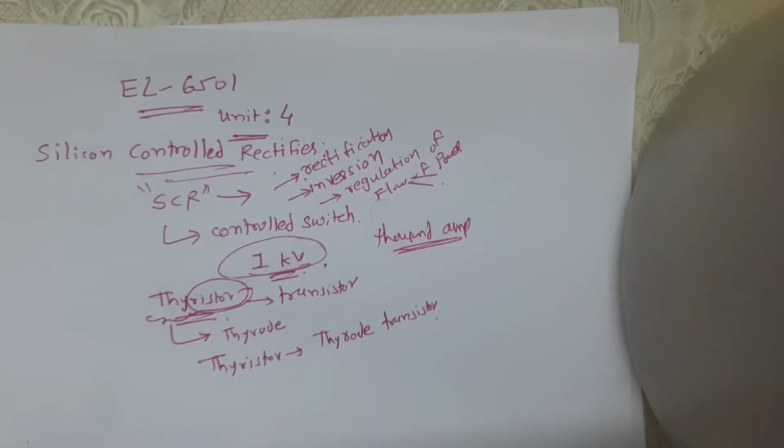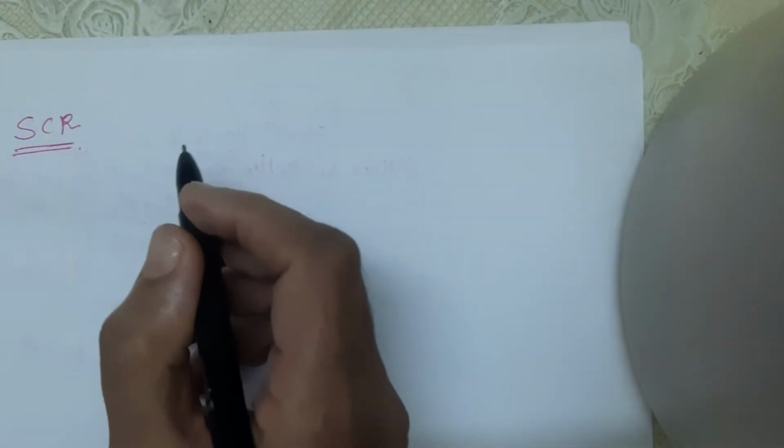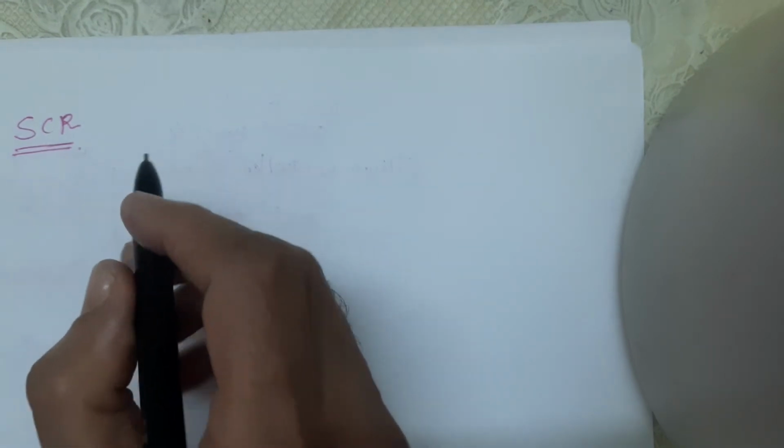Now the silicon controlled rectifier, the basic symbol and its structure. What is inside the SCR? This figure shows the construction.